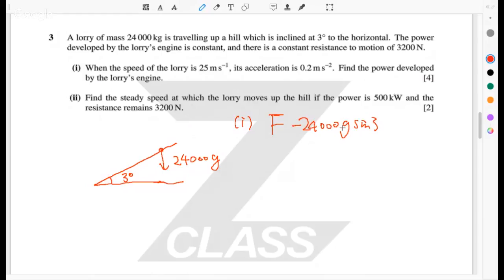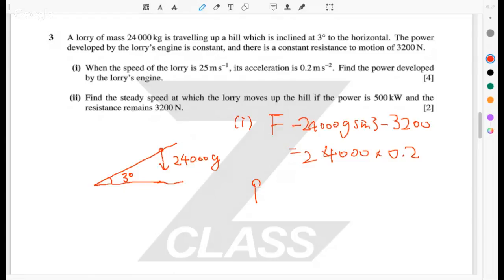So when it's parallel to the slope, always use sine. And that minus the resistance to motion, which is 3,200 Newton, is equal to 24,000. This is, again, the mass of the lorry times 0.2, its acceleration.